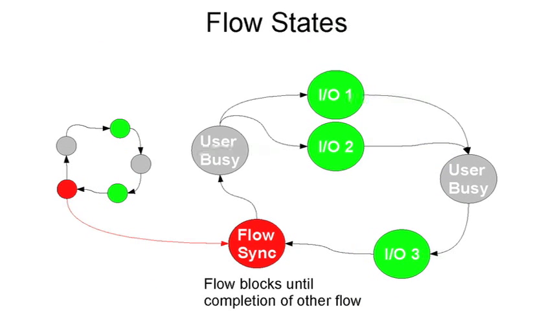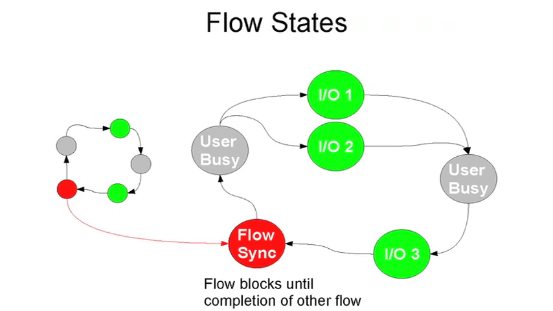The way we picture this is flow states. You'd go to these two I/Os here, perhaps issued essentially simultaneously by having them be asynchronous I/Os. They join up. User busy: if you are actually running on the server, say an application server, you can set some CPU utilization to chew up server time, so it's not just the file system that's using it, and see how things work when you do that.